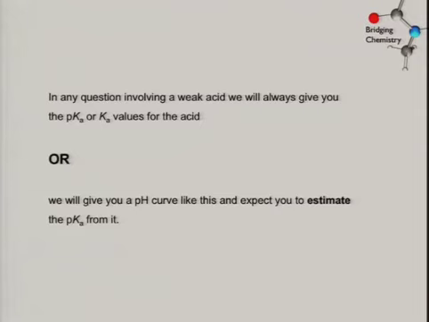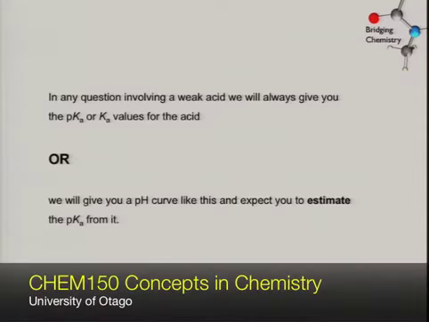And then you might then use that number in your subsequent calculations. So if we don't give you the pKa or the Ka, then we will give you a titration curve and you can work it out from that, so long as you know this thing that we've just been talking about. Yeah?